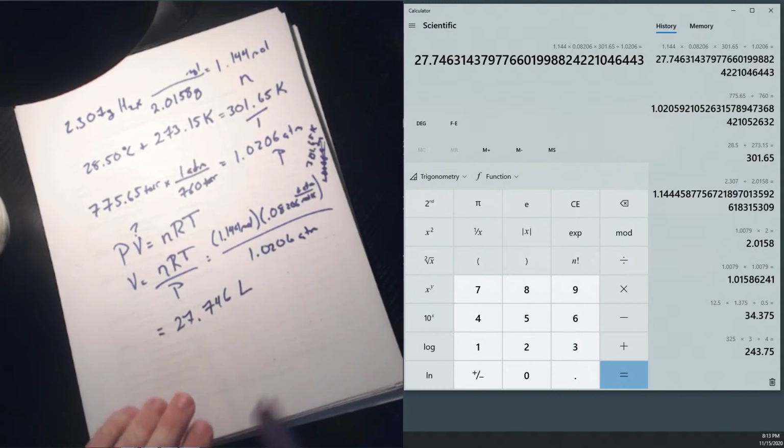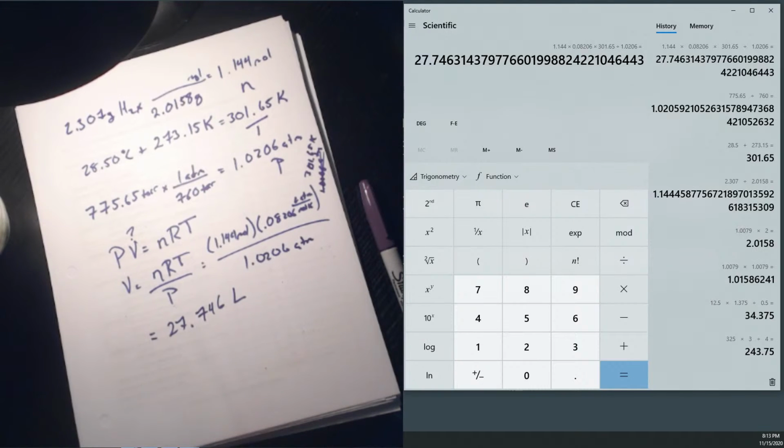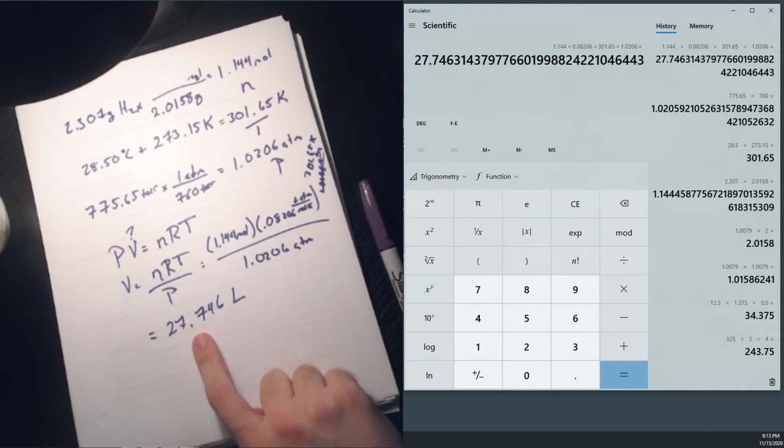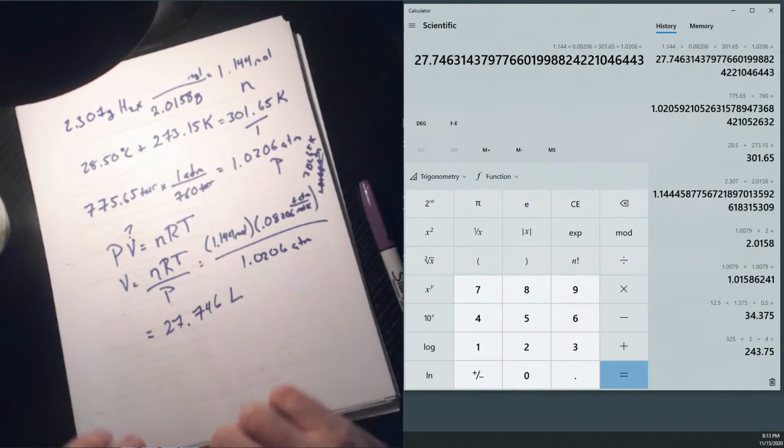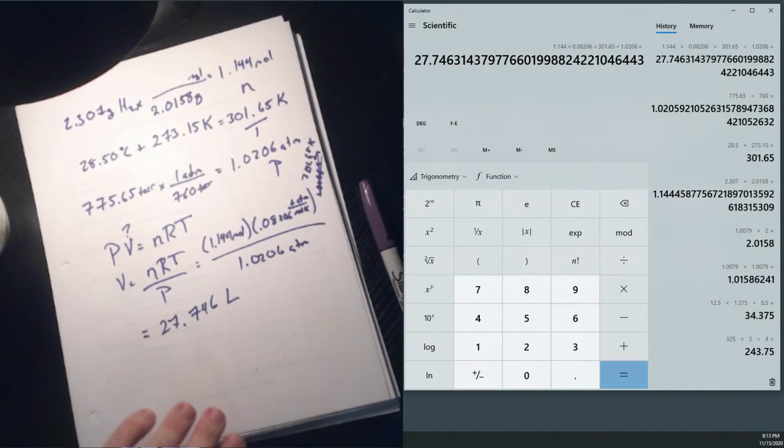So yeah, 2.3 grams of hydrogen at a little above room temperature and a little bit above 1 atmosphere pressure, not an impossibly high pressure, occupies 27 liters of volume. Gases take up a lot of space. They just do. It's a huge amount of space.